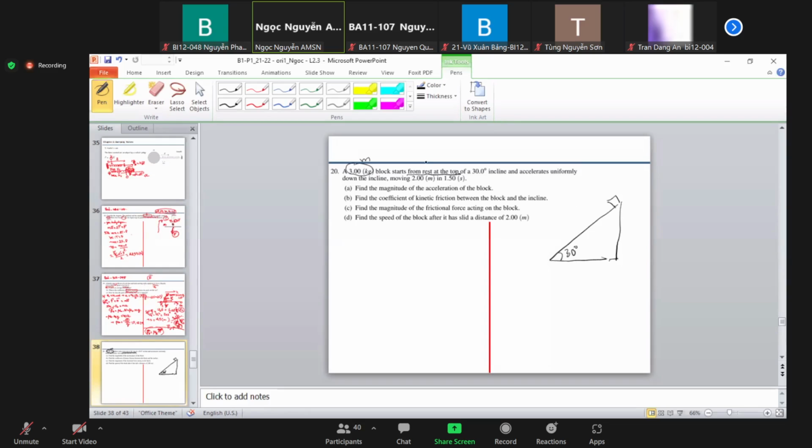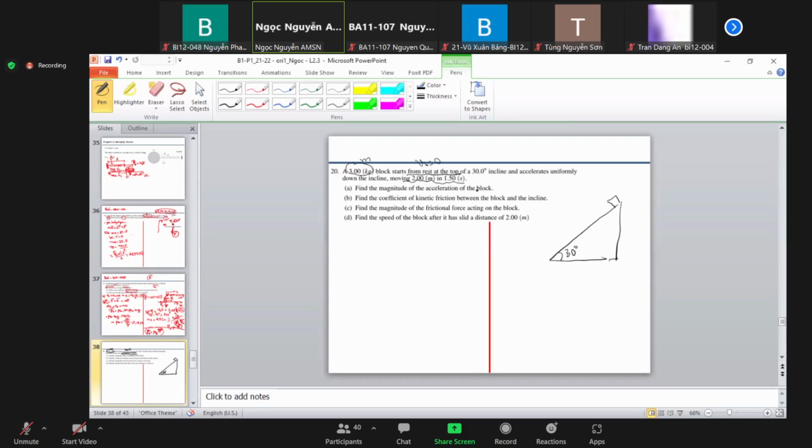Start from rest means V0 is 0, and it accelerates uniformly down, moving 2 meters in 1.5 seconds.